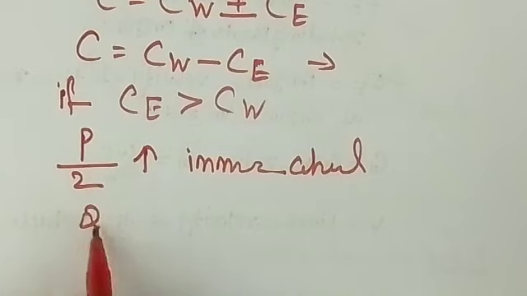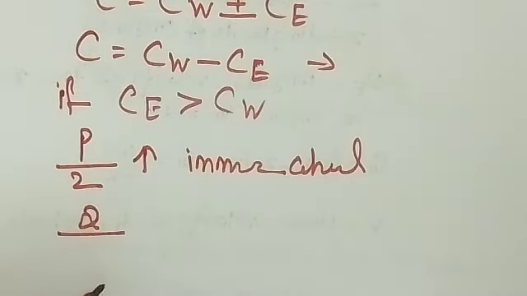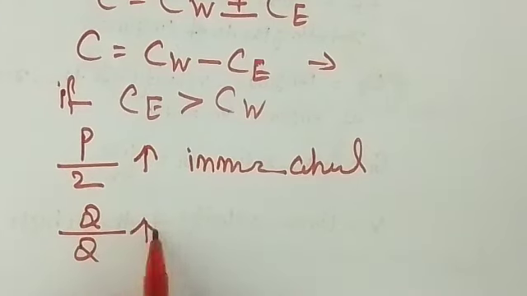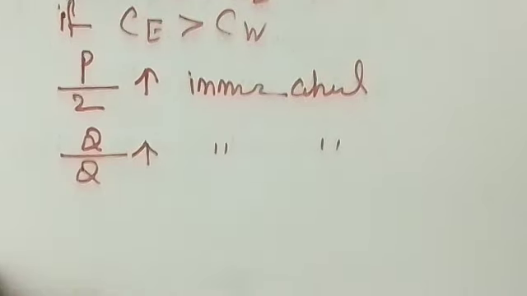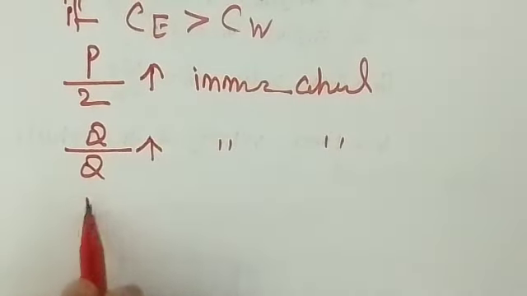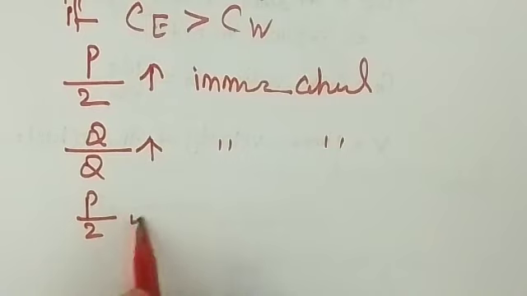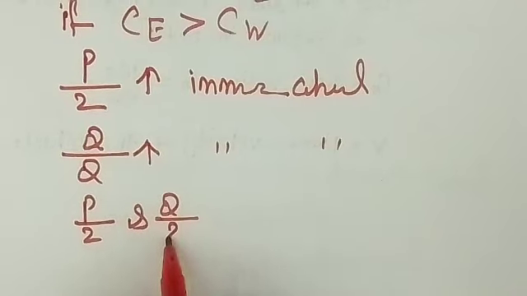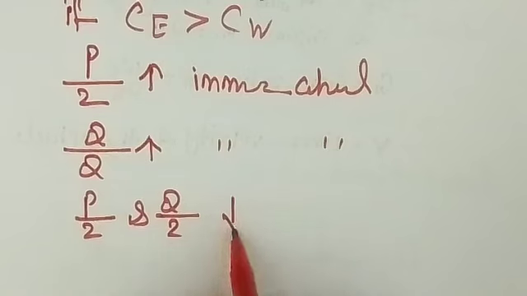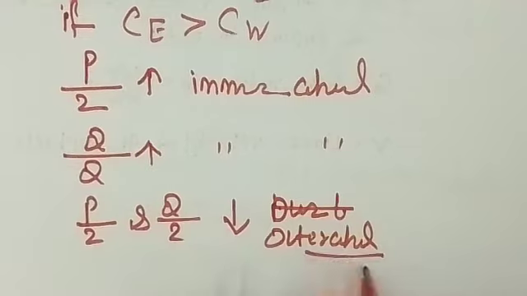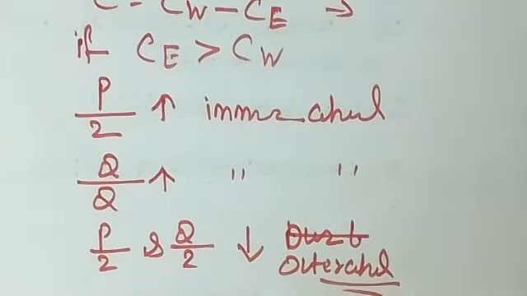And Q by 2, the reaction due to the overturning couple, is also upward on the inner wheel, right? But this P by 2 and Q by 2 are downward on the outer wheel, right? Downward on the outer wheel.